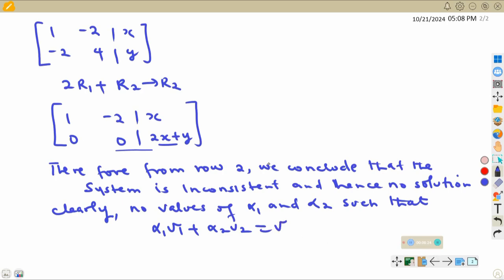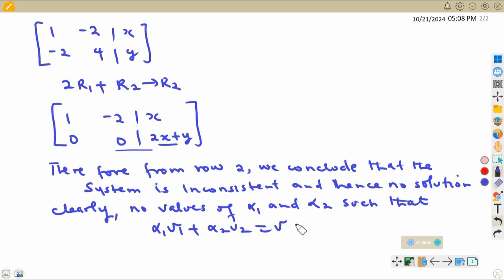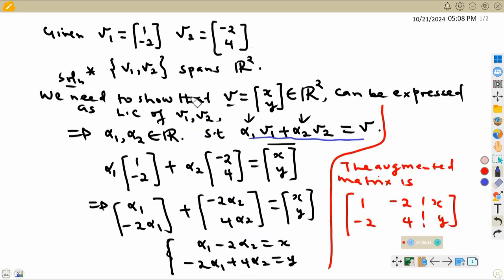So we cannot get the values of alpha 1 and alpha 2 such that we can write this expression here. And if that is the case, then we conclude that this set here, which is our set containing v1 and v2, does not span R2.